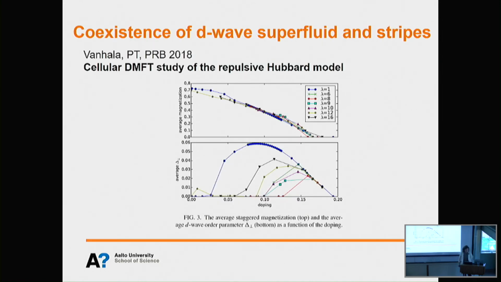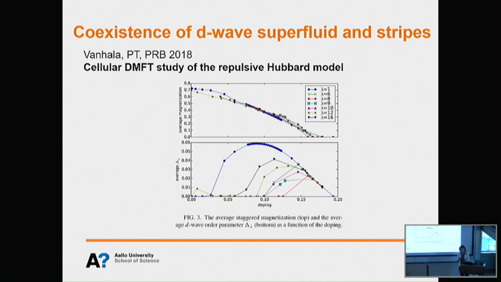But then let's go to the small talks about our DMFT studies. Here we considered the very classic problem of the doped repulsive Hubbard model. You all know that there is a suggestion of d-wave superfluid at some parameter regimes.